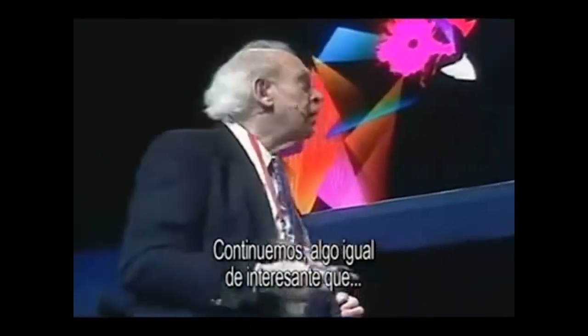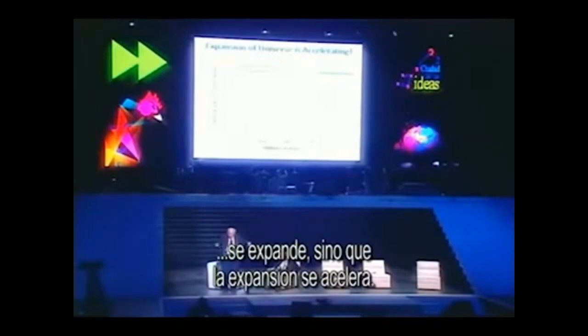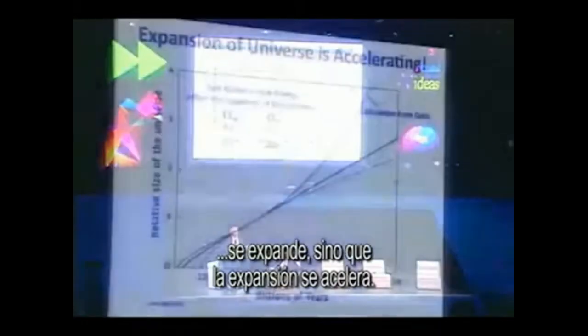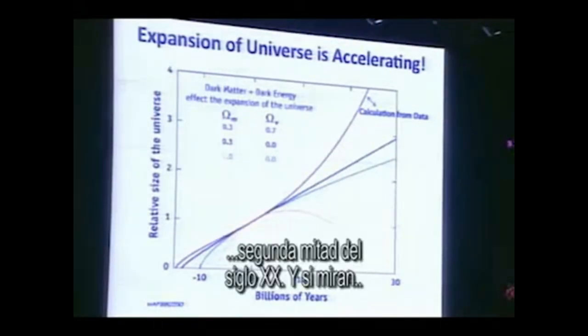So let's keep on going. The other interesting thing we have found out is that not only is the universe expanding, but this expansion is accelerating. That was a great discovery, one of the great discoveries in the latter part of the 20th century.